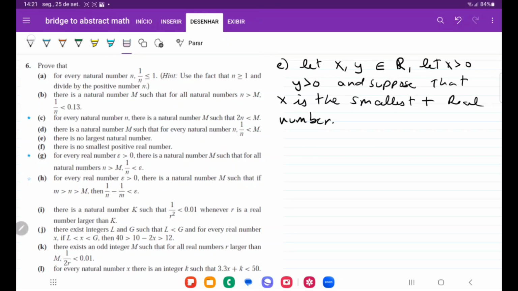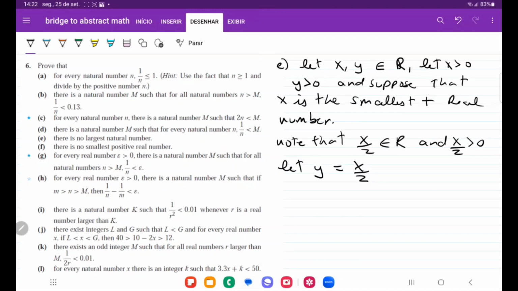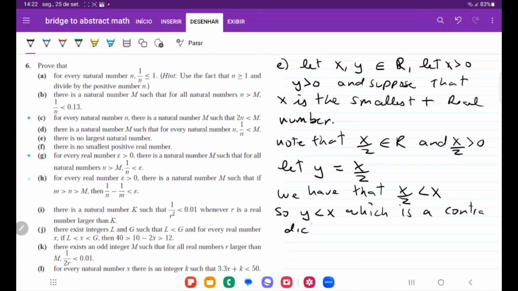Actually, let me do this differently. Note, once more, that x over 2 belongs to the set of real numbers, and x over 2 is greater than 0. So we're going to say let y be equal to x over 2. We have that x over 2 is less than x, so y is less than x, which is a contradiction.